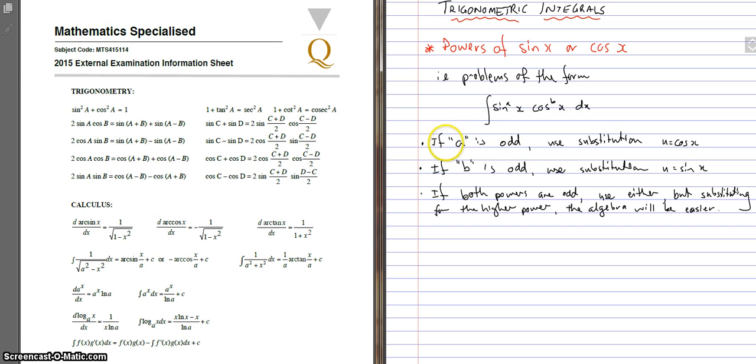Let me just summarise that again. If the power of sine is odd, then substitute u equals cos x. If the power of cos is odd, then use the substitution u equals sine x. If both powers are odd, it doesn't matter, but substituting for the higher power, the algebra will be easier.